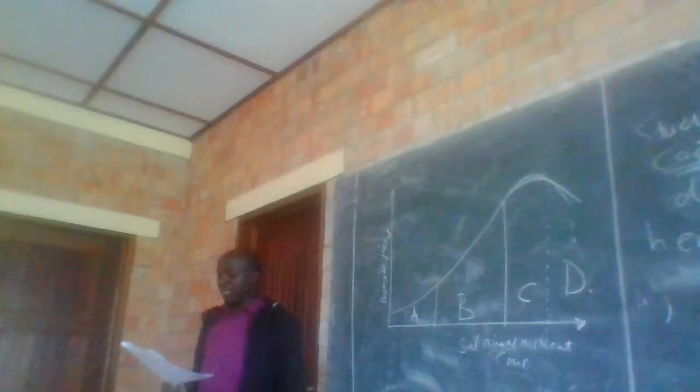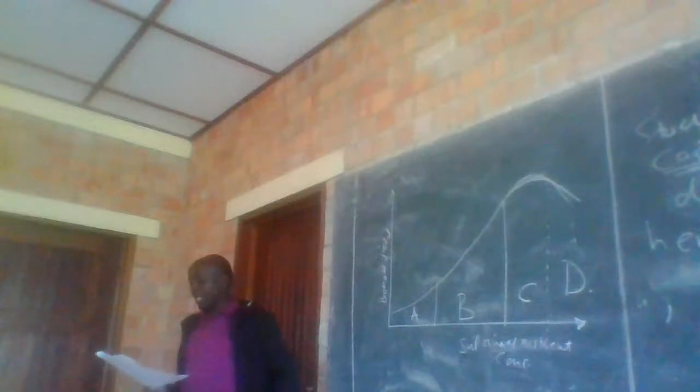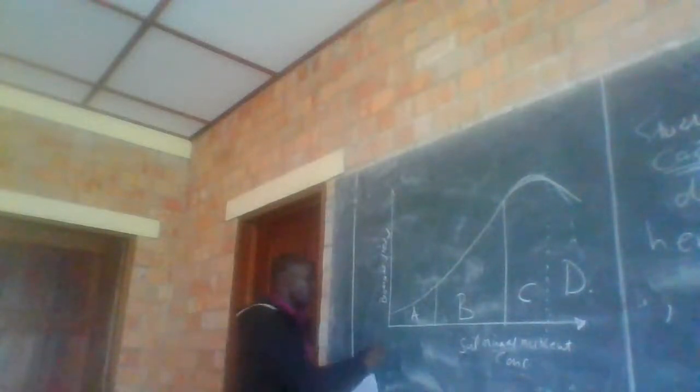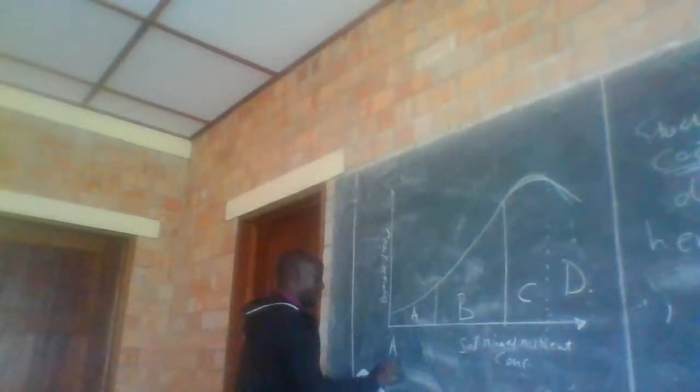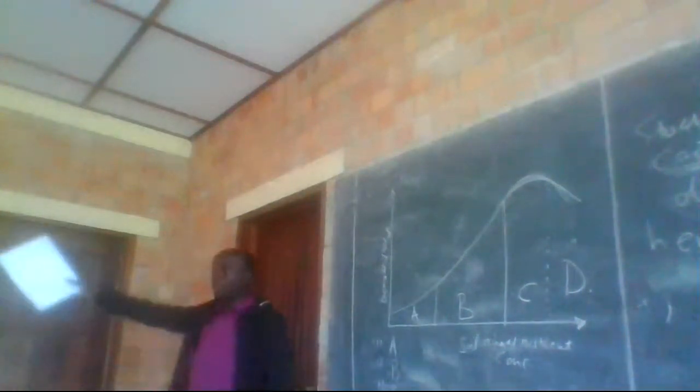Accounting for the biomass yield in each of the stages. What are the stages? Yeah. So we have stage A, B, C, and D. Roman numeral 3, and this is paper 2.